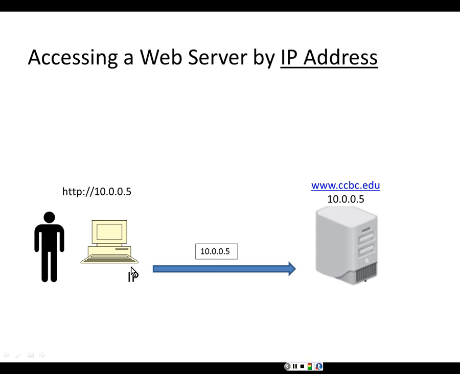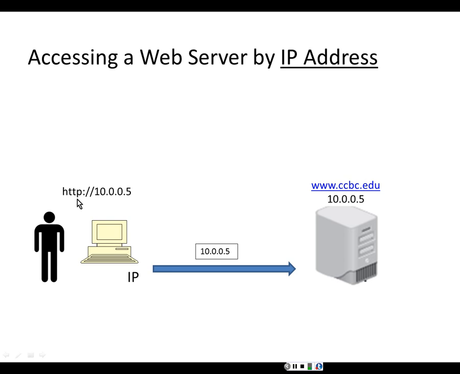And if he pressed the enter key, then the IP protocol would send a packet, and the packet header would show that it's going to 10.0.0.5. The packet would go to the web server, and the web server would send the web page back. So how would the TCP/IP protocol know to send a packet to 10.0.0.5? Well, that's pretty obvious because that's what the user just typed.